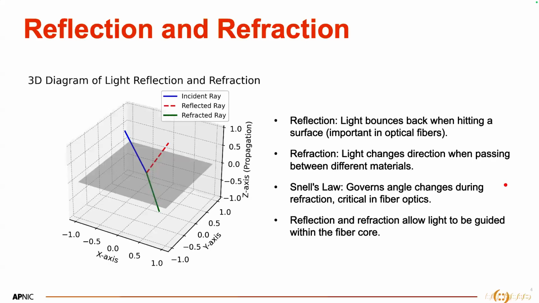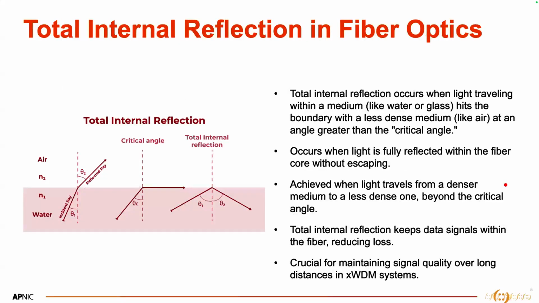So before explaining refraction, there are some terms you need to understand. First term is angle of incidence. So what is angle of incidence? The angle between the light beam and a normal to the surface, or a perpendicular line to the surface. As you can see in this diagram, there are two media.